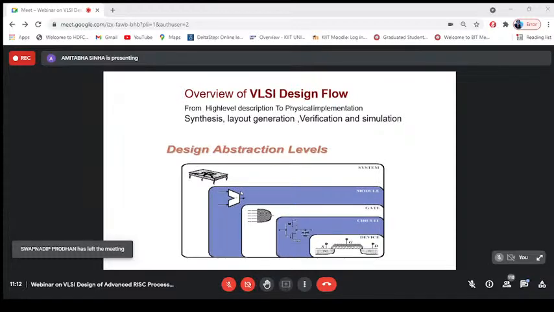So now let's look at the overview of VLSI design flow. At the top, if you see this design abstraction level, at the top level, what do we require? We need to design a chip. Now, a chip consists of what? A number of modules. Let's say we are talking about a processor chip.